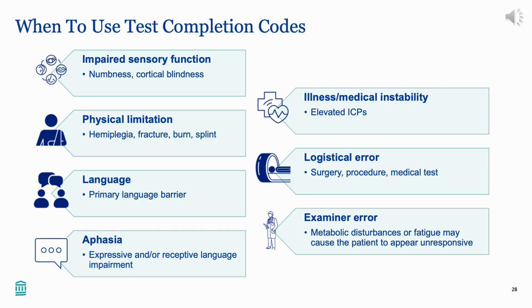Language barriers can also significantly affect the validity of the assessment. These barriers may result from primary language differences or conditions such as aphasia, which impact expressive or receptive language abilities. It is especially important to recognize that diagnosing aphasia is particularly challenging in patients with disorders of consciousness.